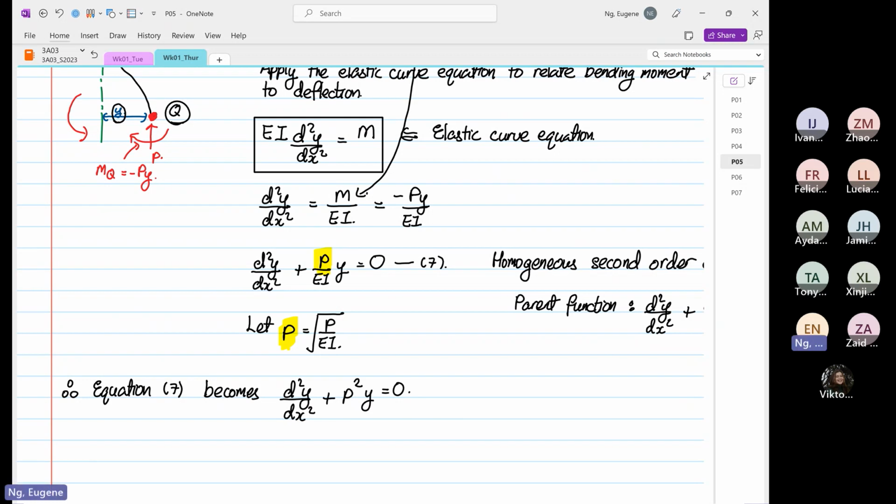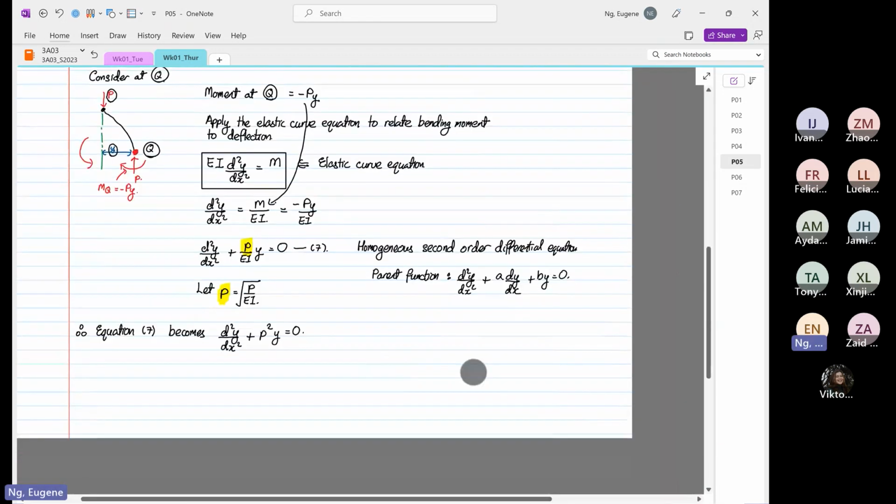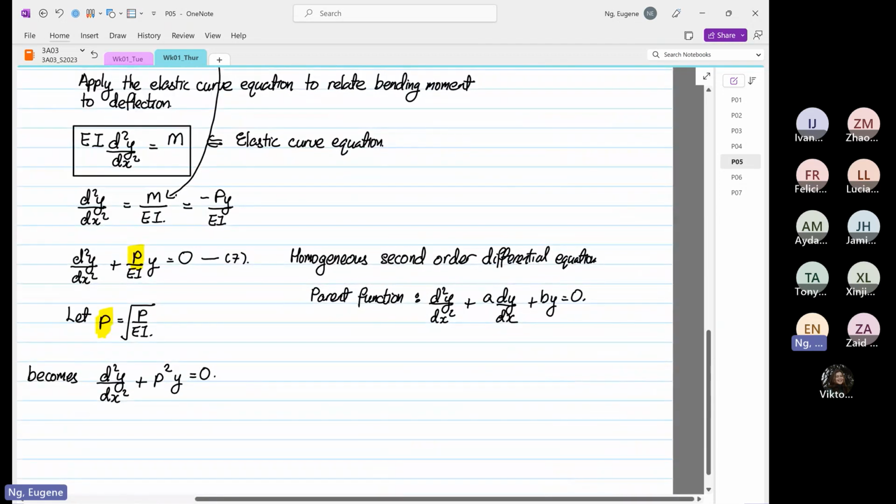Now I want to draw your attention to the homogeneous second order equation.